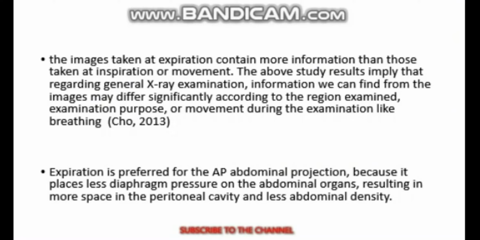And also, it has been found out that expiration is preferred for AP abdominal projection. This is because it places less diaphragm pressure on the abdominal organs, resulting in more space in the peritoneal cavity and less abdominal density. So the information on expiration will be much greater than inspiration.